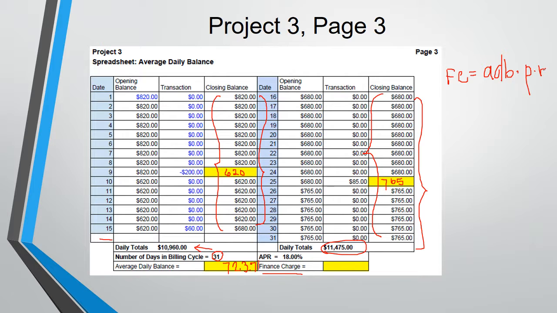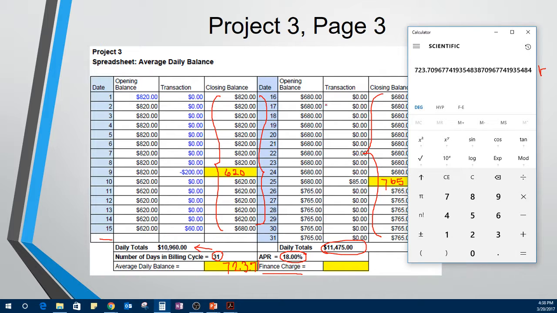Keep in mind here they tell you that the APR is 18%. As usual, if you're doing math, you need to convert that into a decimal, which is 0.18. However, this is only for 1 month. APR is annual, that means for the whole year. What you need to do is divide the APR by 12 in order to get the periodic rate.